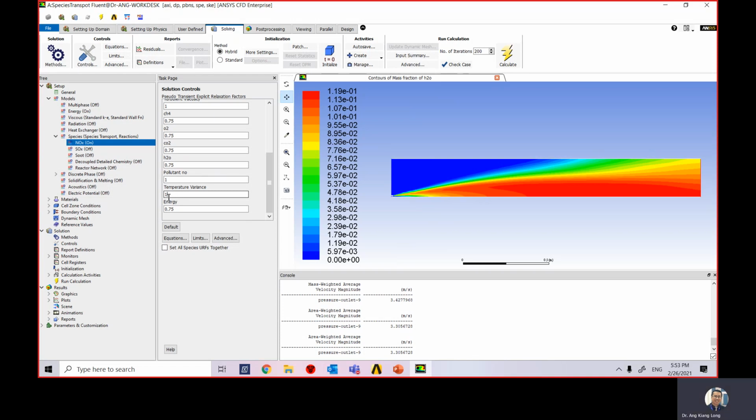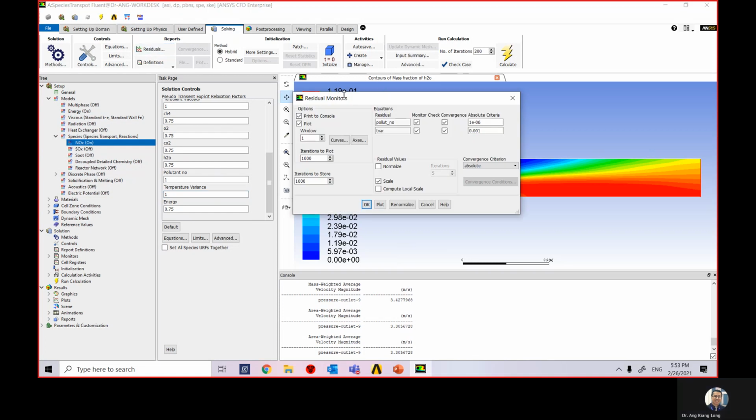After that, we're going to confirm the convergence criteria. So we go to solving, report, residuals. This is to check our residual monitor, making sure that we are running our residual monitor.